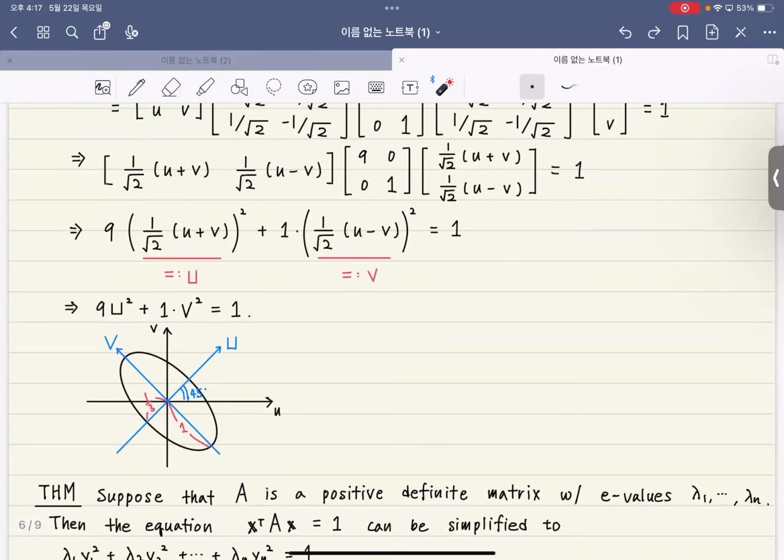According to the last equation, the major axis is in the direction of the v-axis, so its length should be 1, and the length of the minor axis in the u direction should be 1/3. Just like this.